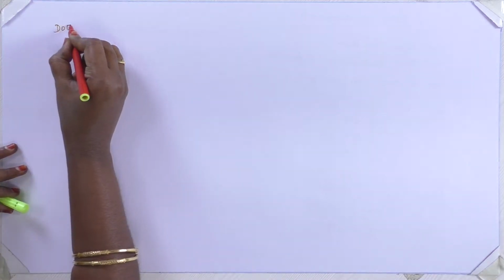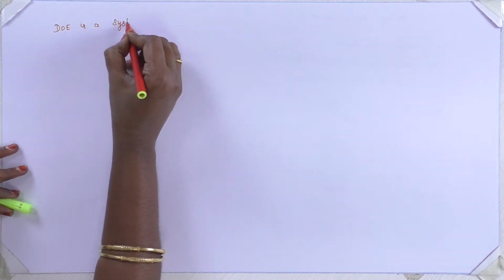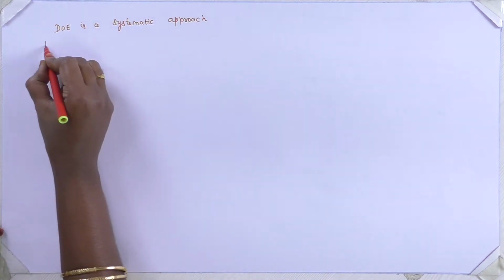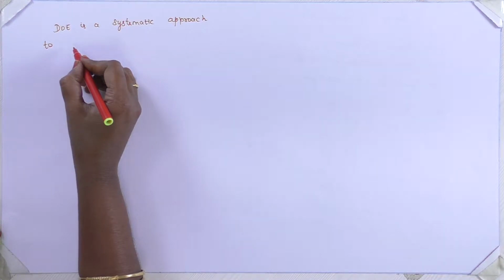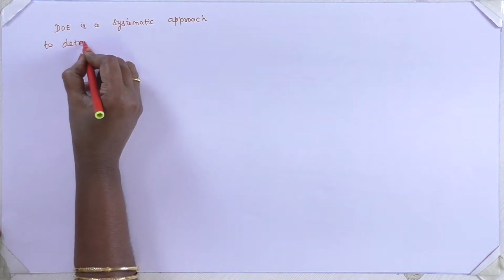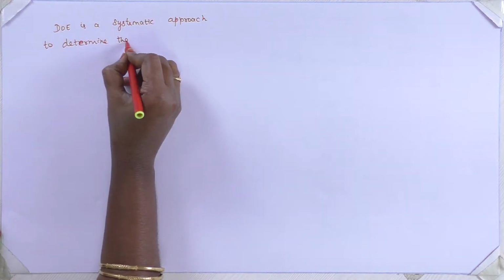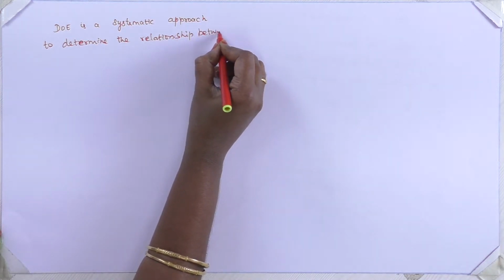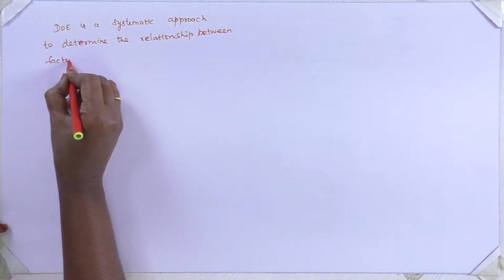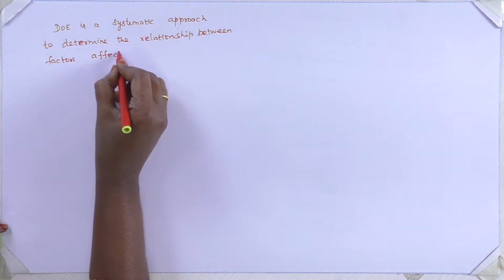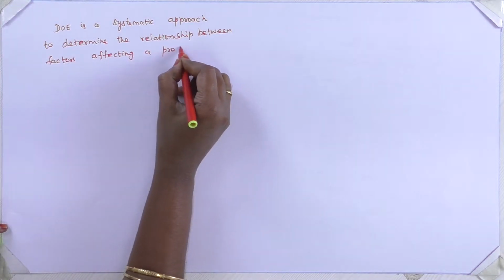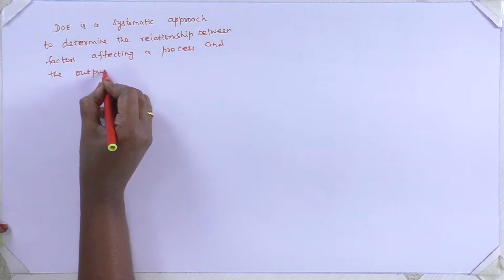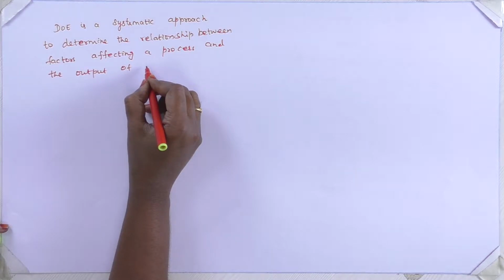Design of experiment is a systematic approach to determine the relationship between factors that are affecting a process and the output of that process.